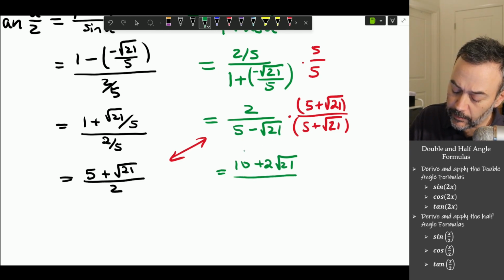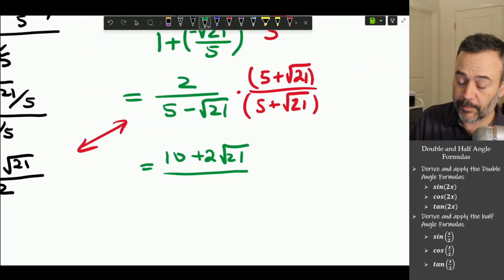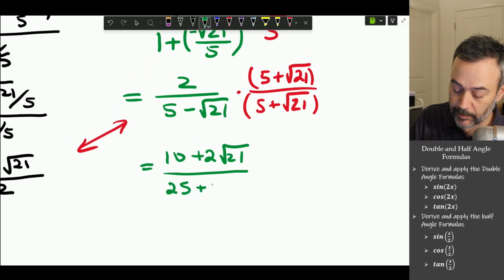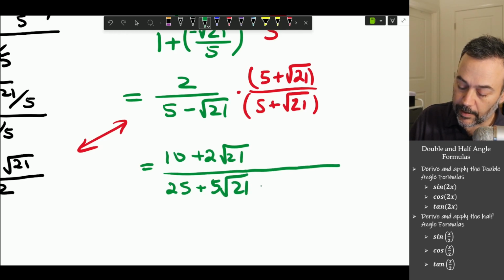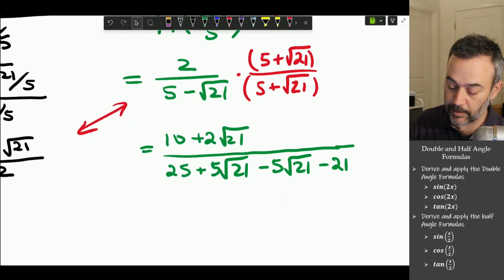This is a special factor pattern, so I get 5 times 5 is 25, 5 times positive root 21 is 5 root 21, minus 5 root 21, minus 21, because the square root of 21 times the square root of 21 is 21.